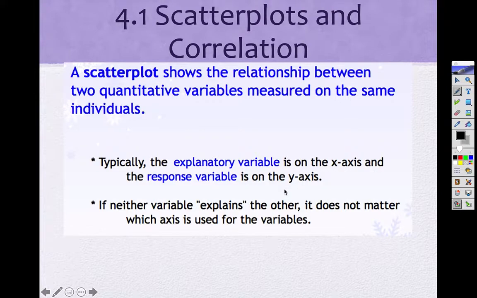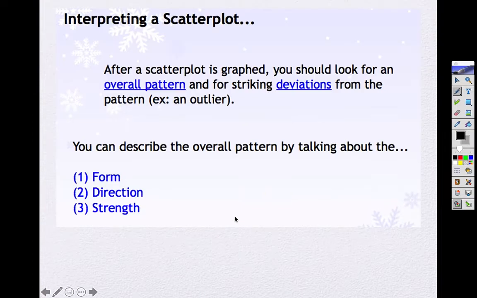If the variable either comes second or is in response to the x, it is the y. There are times when we simply look at the relationship between variables. So we could just explore two variables. If nothing explains the other, or we're not sure if one explains the other, you simply say we're just exploring the two variables, and there is no defined explanatory or response. That's the neither right here.